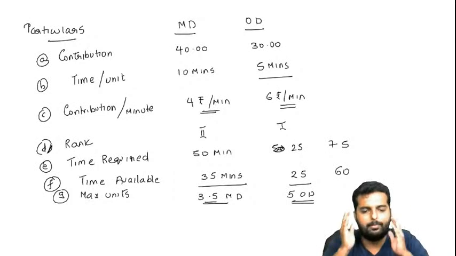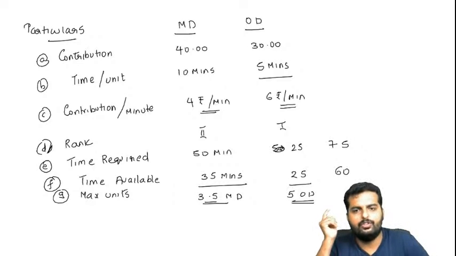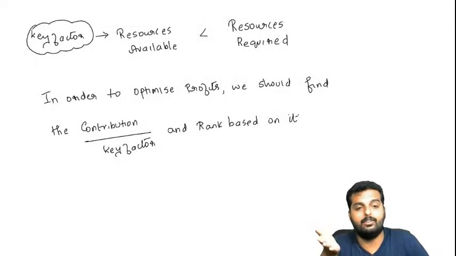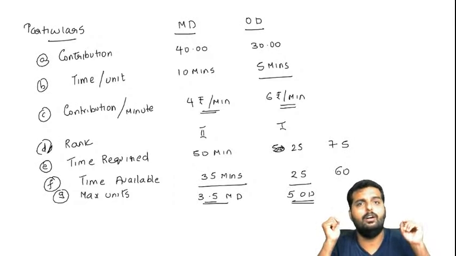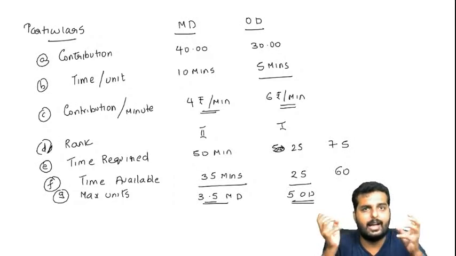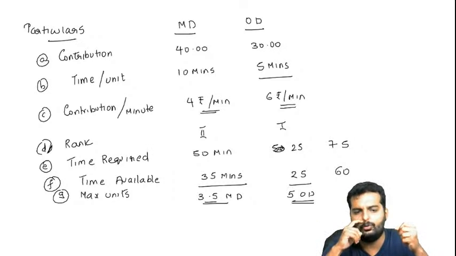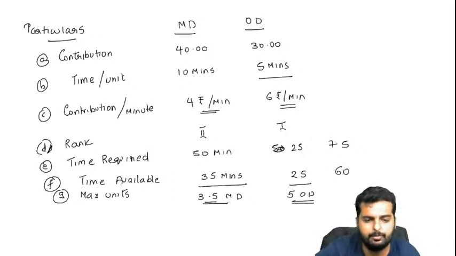Friends, I believe you have put up till here. So the logic is very simple, friends. Whenever the resources available are less than the resources required, we rank based on the key factor. Here, time is a problem. Am I right? So we'll find out the contribution per minute.